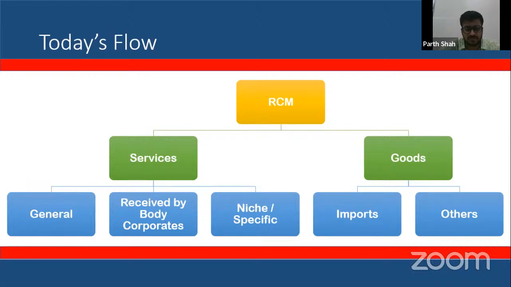We will take those up as the third basket. After finishing the set of services, we'll then move to goods, and under goods we'll first discuss import of goods, and then we will take on the other goods on which RCM is applicable.